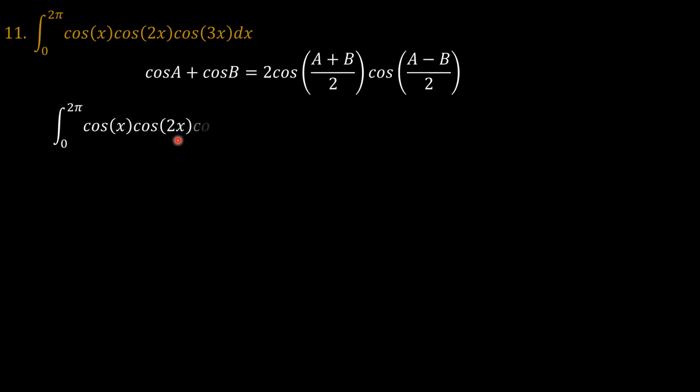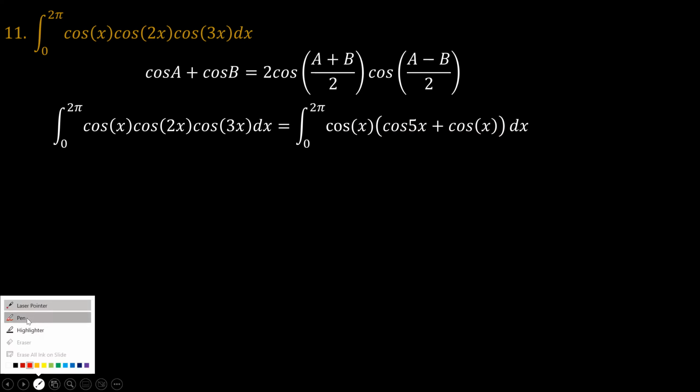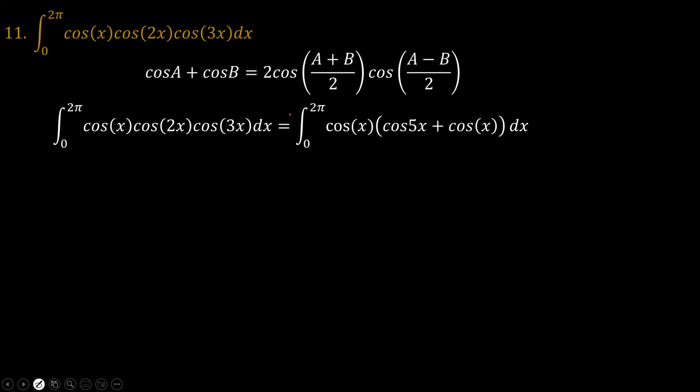So the integral of cosine x times cosine 2x times cosine 3x is equal to the integral of cosine x times (cosine 5x plus cosine x). Now, I have forgotten a half here, so there should be a 1 over 2 somewhere there.